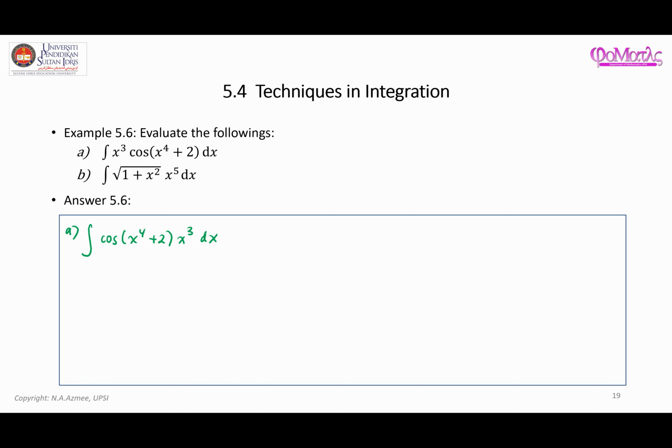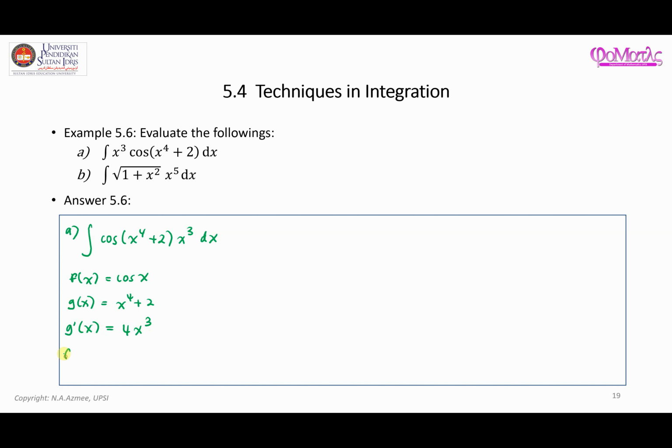I'm sure you can see that my f(x) is cos x, my g(x) is x to the power of 4 plus 2, so that g prime x becomes 4x to the power of 3.